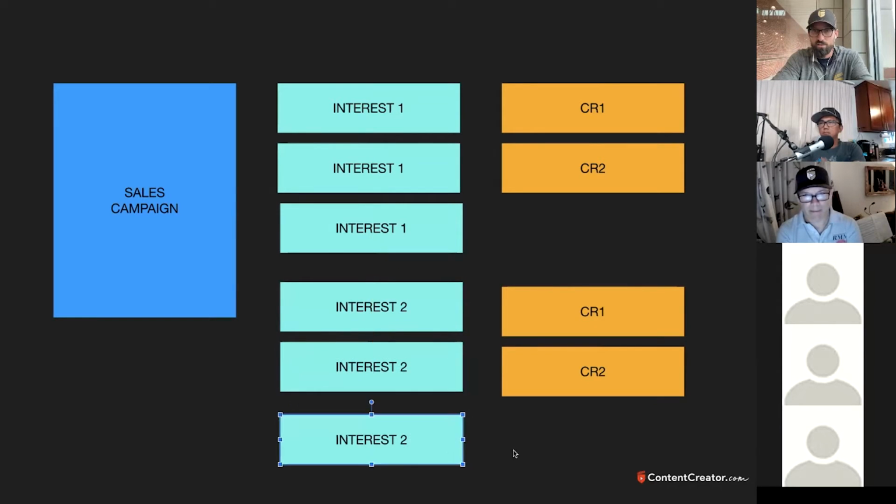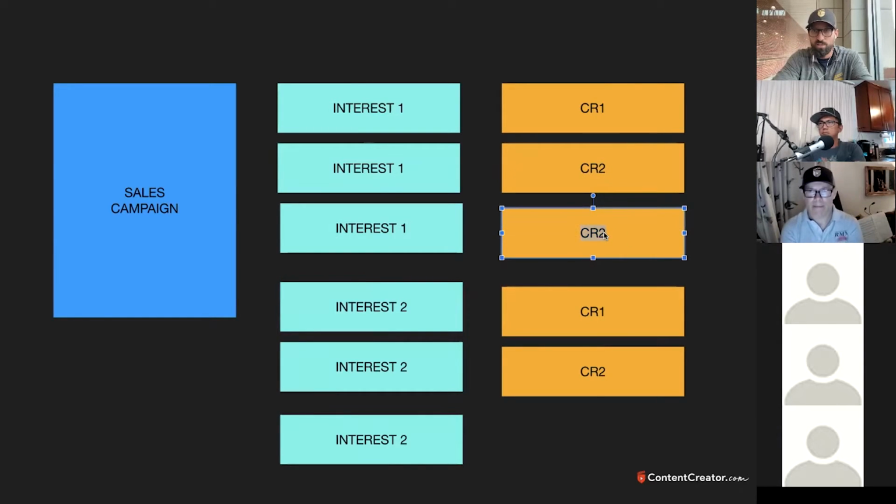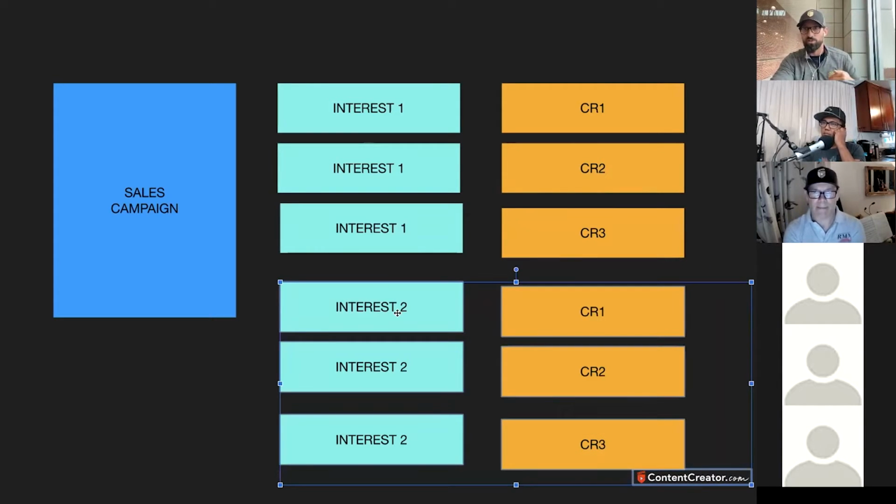You have 3 of these. Yeah. And then you would have this would be CR3. And then you would have the same exact thing, but you would have a third interest in there. Yeah. So you would have 9 different ads running at that time. Right. Got it? Yeah. Okay.